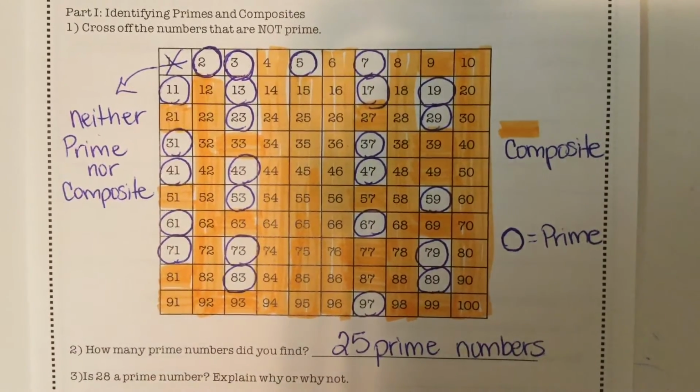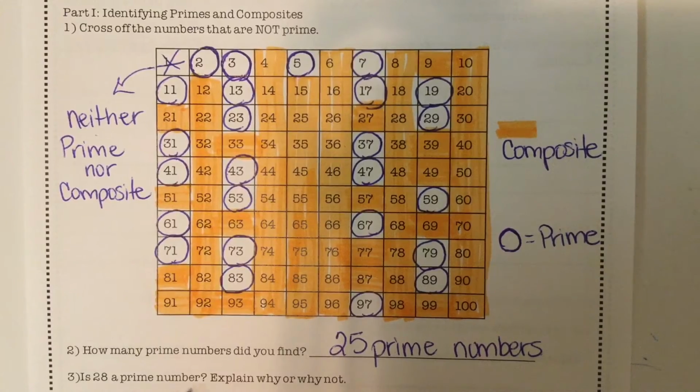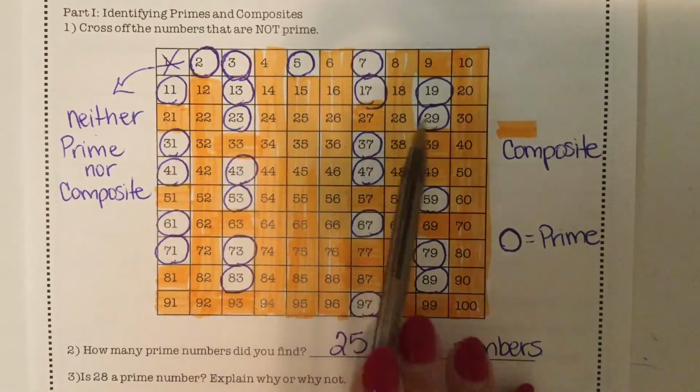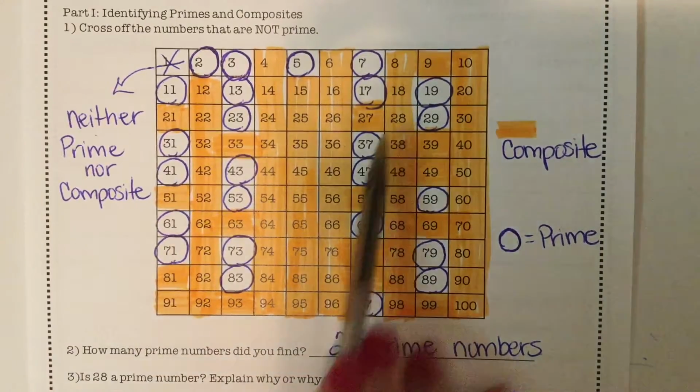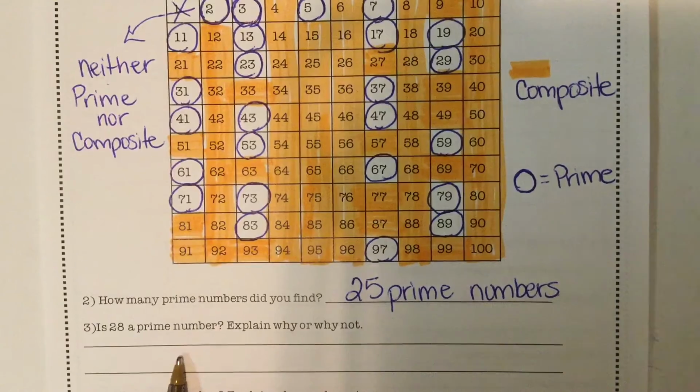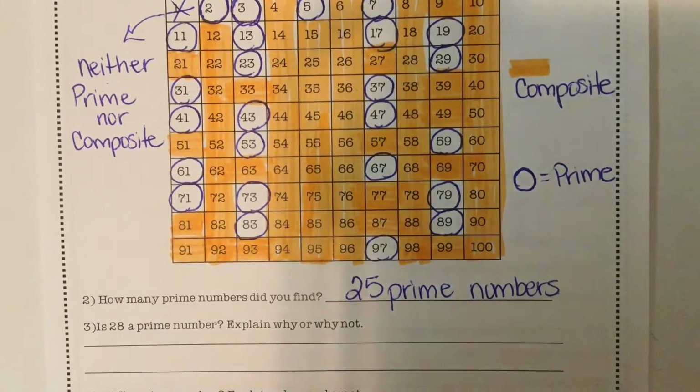Okay, is the number 28 a prime number? Explain why or why not. So, find 28. Is 28 going to be prime or composite? So, if it's prime, tell me why. If it's not prime, tell me why.